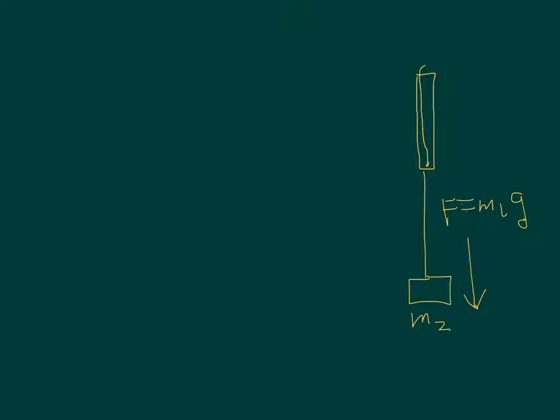If I lift the entire thing up, I have to apply an additional force. If I pull it down, I have to apply an additional force. If I simply hold it here with no movement at all, then the force I exert by holding it is this second mass times acceleration due to gravity.